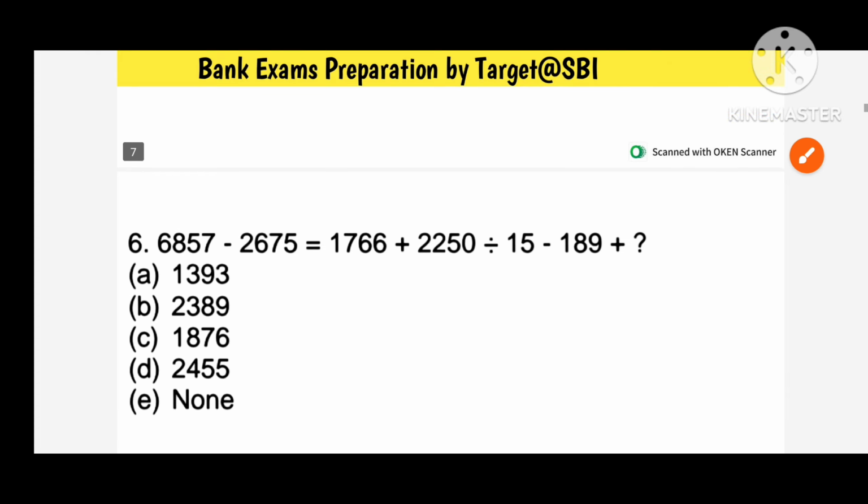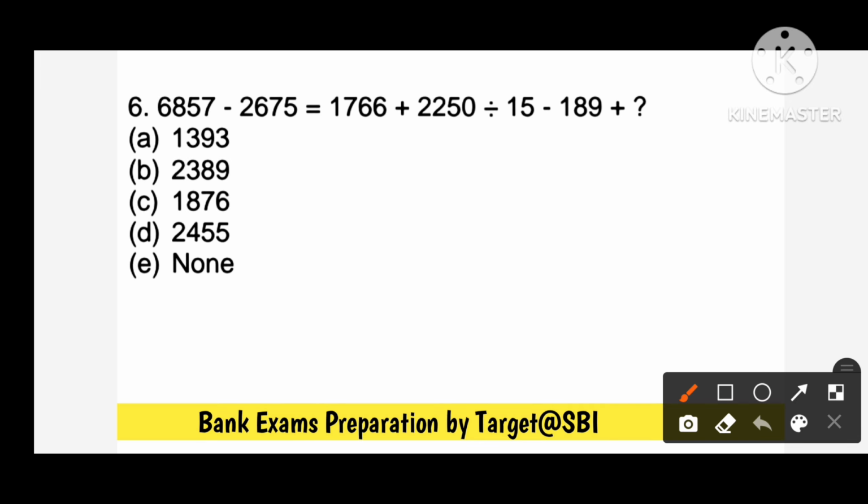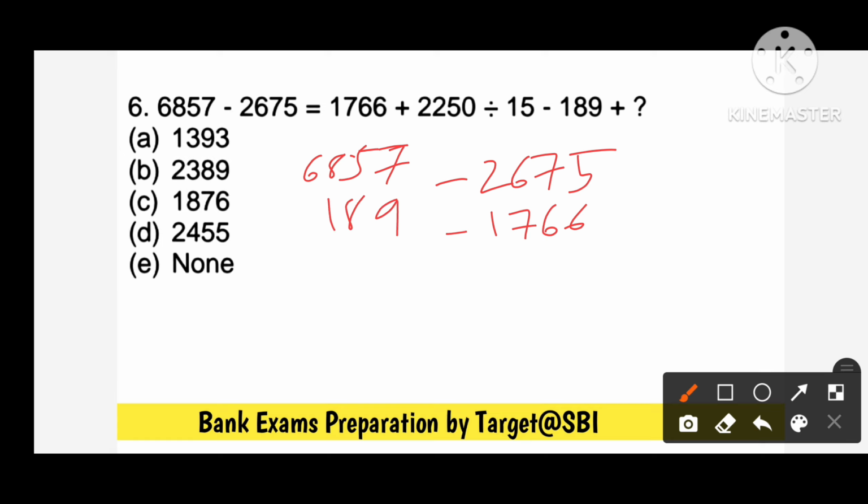Next question number 6. 6857 minus 2675 minus 1766 plus 189, and here we have minus 150. So unit digit 11.